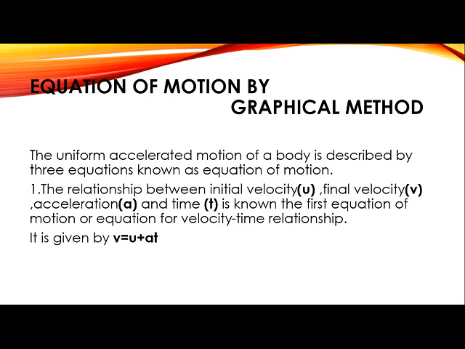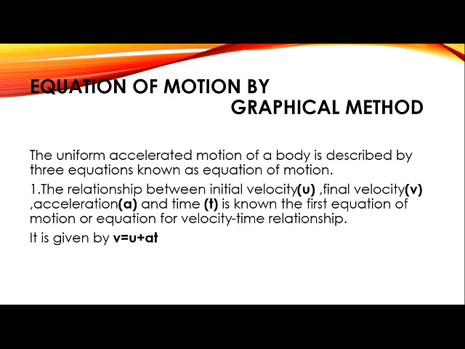Let us understand. The relationship between the initial velocity, final velocity, acceleration and time is known as the first equation of motion, or it is also known as the equation for velocity time relationship, and it is given by v is equal to u plus at. Children, I hope you remember the previous concepts.